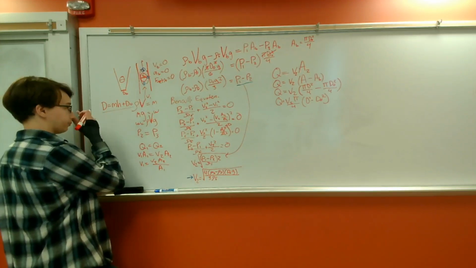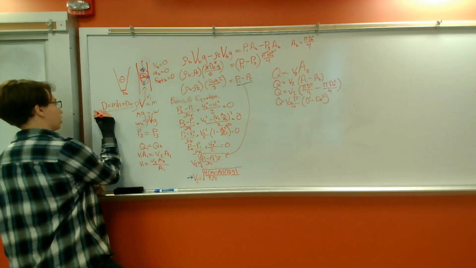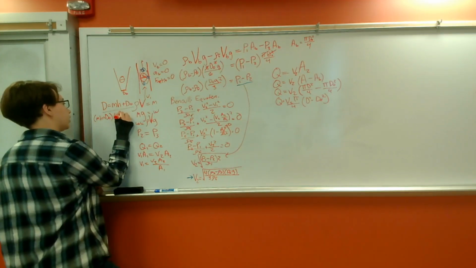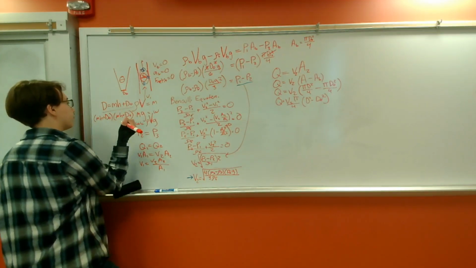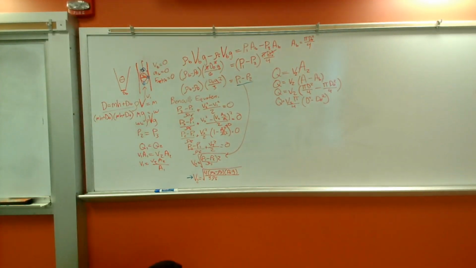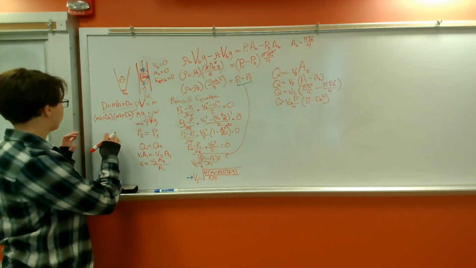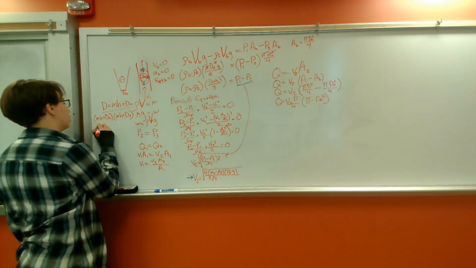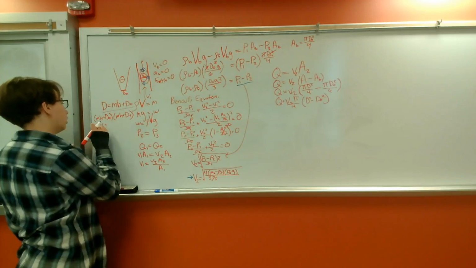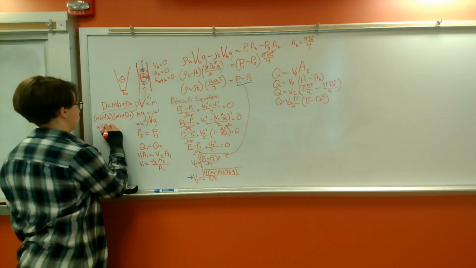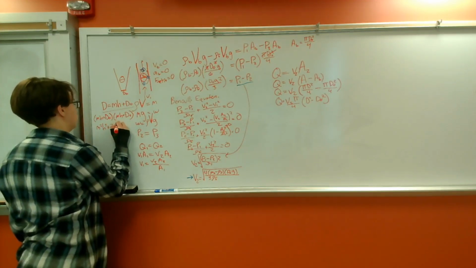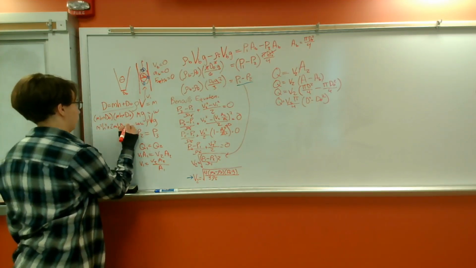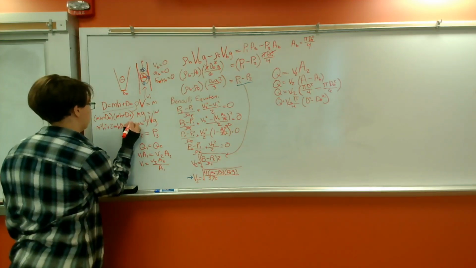So I'm going to have mh plus d naught, squared. So then, you know, m squared h squared plus 2 h d0 or d naught plus d naught squared.